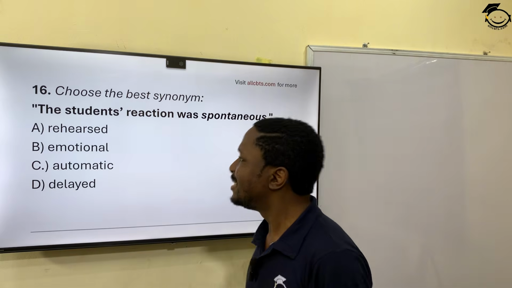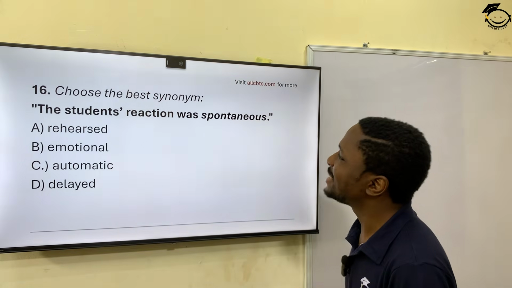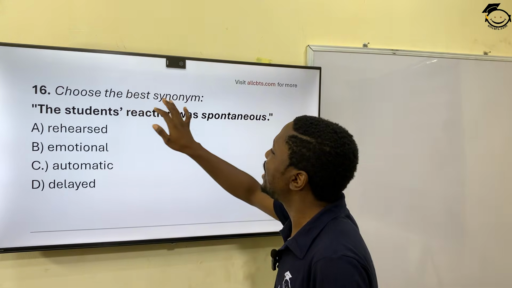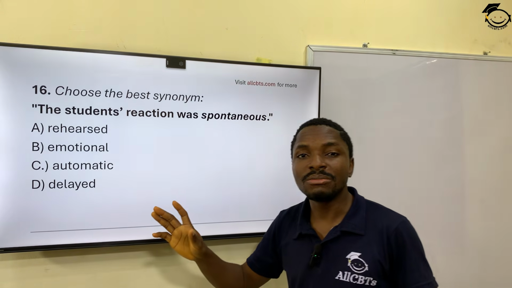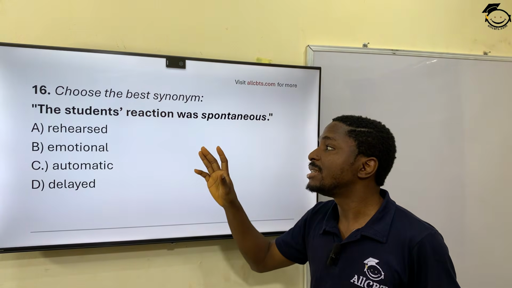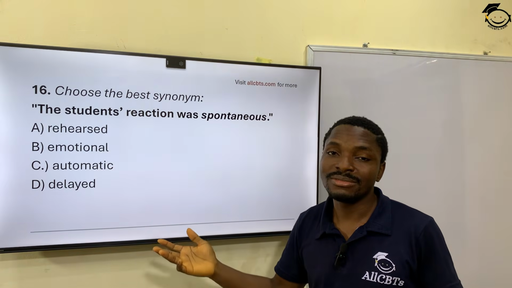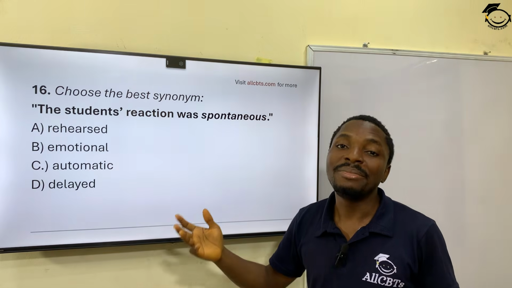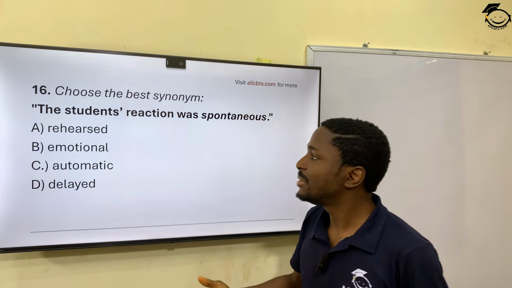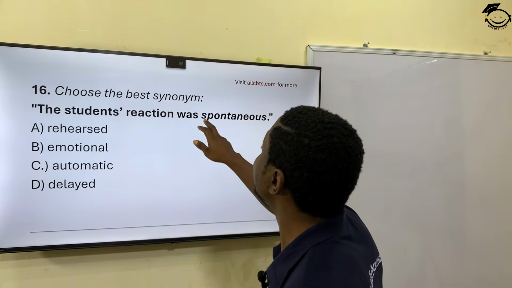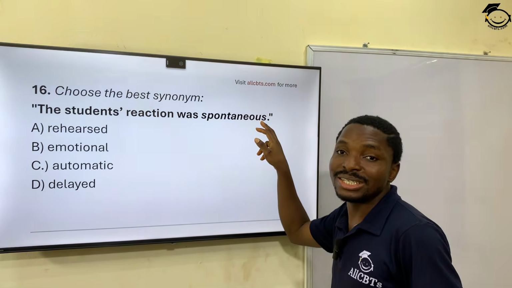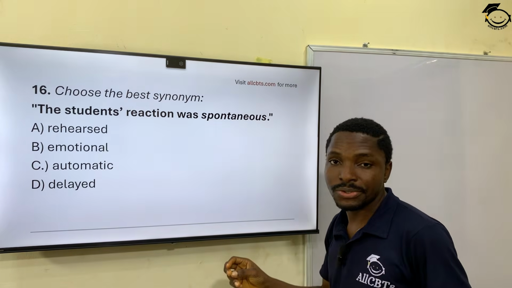Question 16. Choose the best synonym. What's a synonym? The most closely related, or the best related word, to the italic word, the word in italics, which is spontaneous.